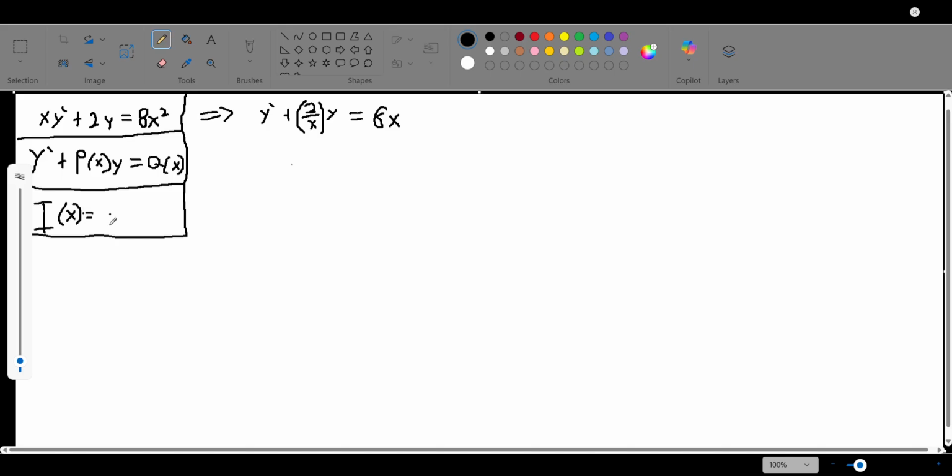And it's equal to e raised to the integral of p of x dx. So now that we have our differential equation in standard form, we want to find our integrating factor.